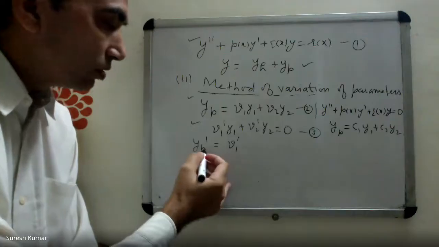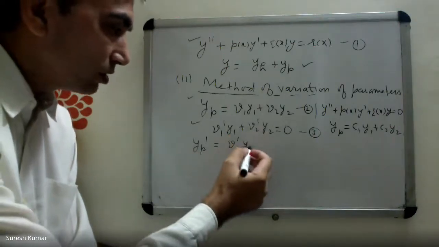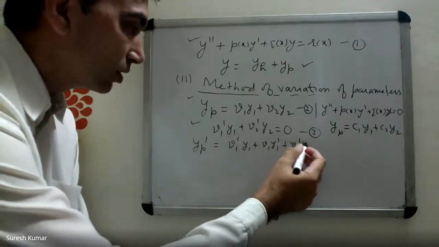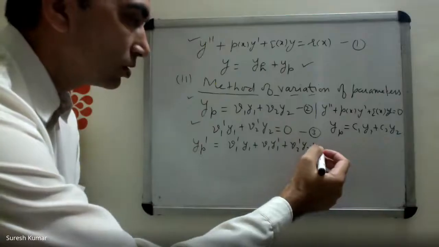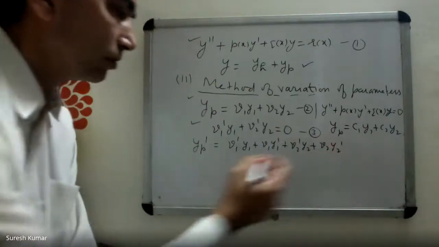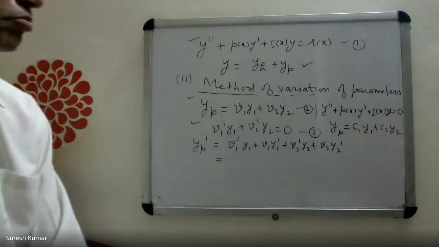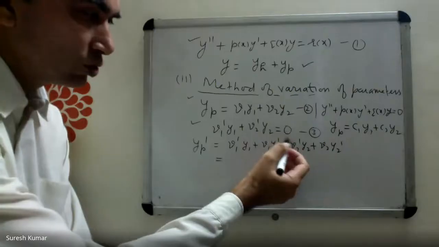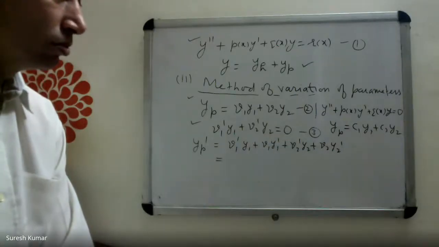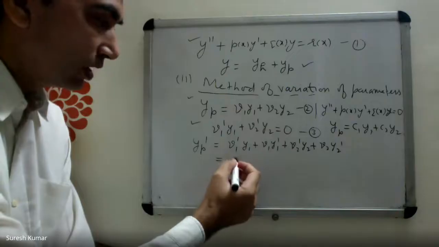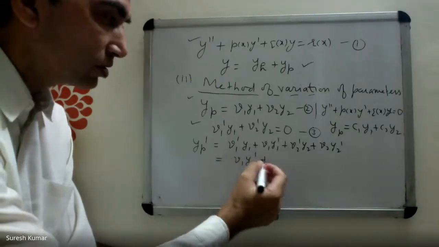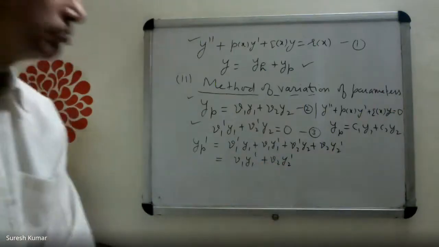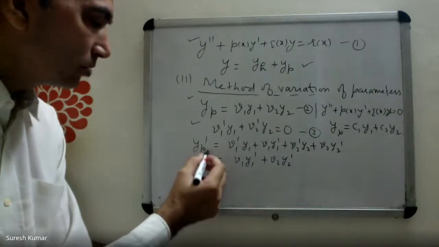If I calculate yp', what is it? v1' y1 plus v1 y1' plus v2' y2 plus v2 y2'. Now look at this condition: v1' y1 plus v2' y2, you have assumed 0. That means you are left with v1 y1' plus v2 y2'. This is yp'.